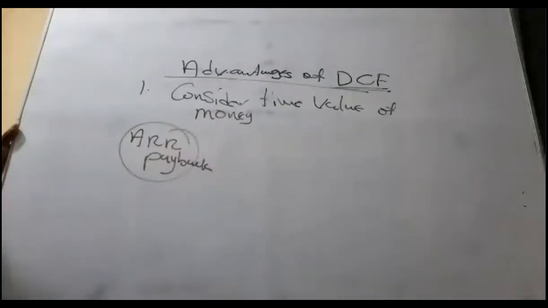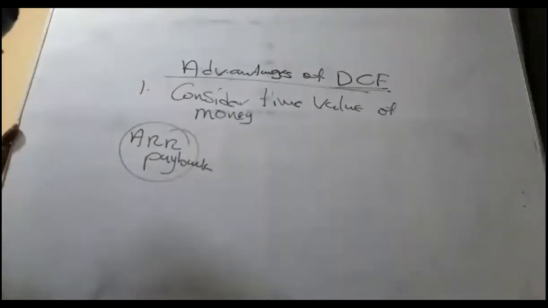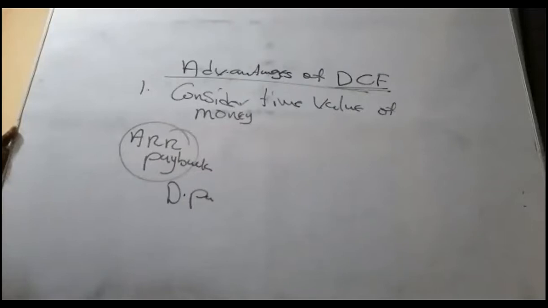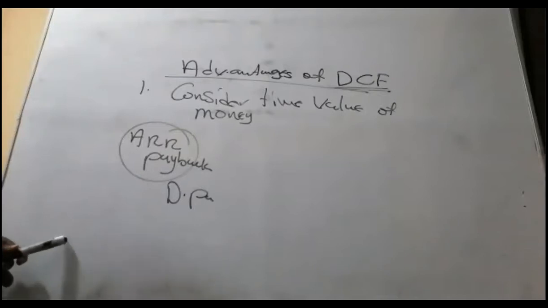Don't forget that there are two types of payback: the normal payback, with no discounting, and the discounted or adjusted payback, which we just looked at.